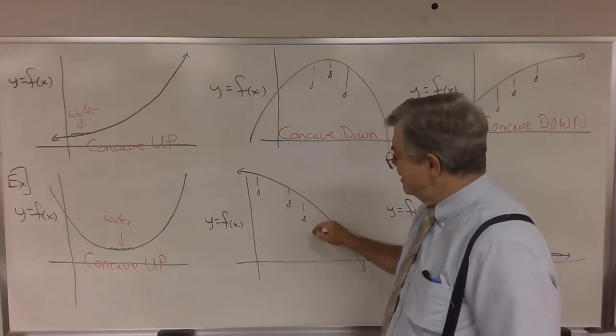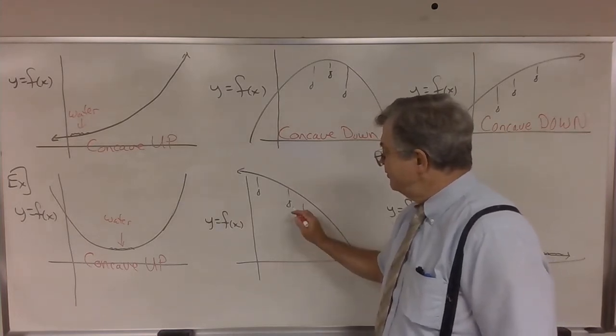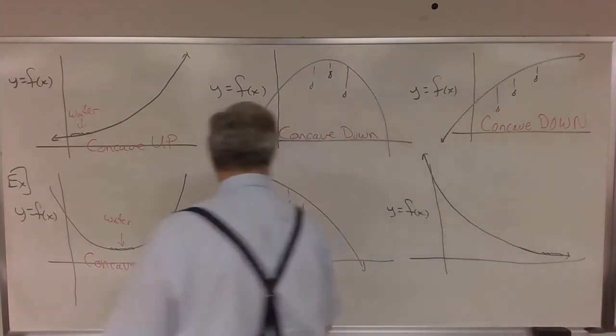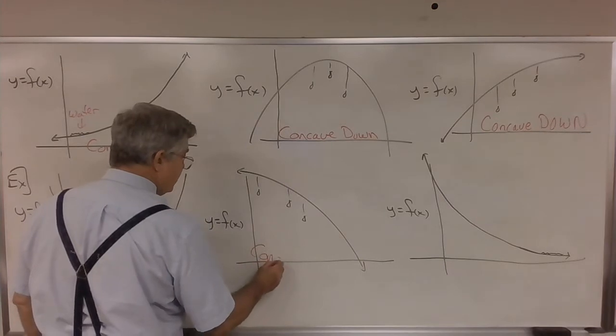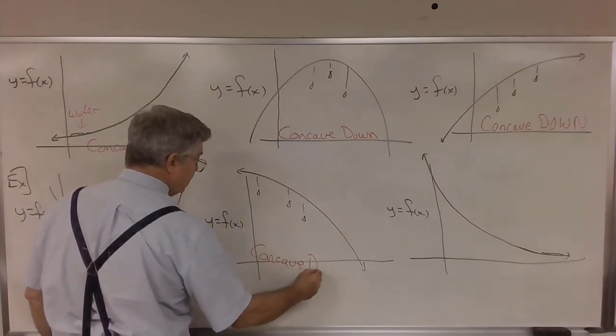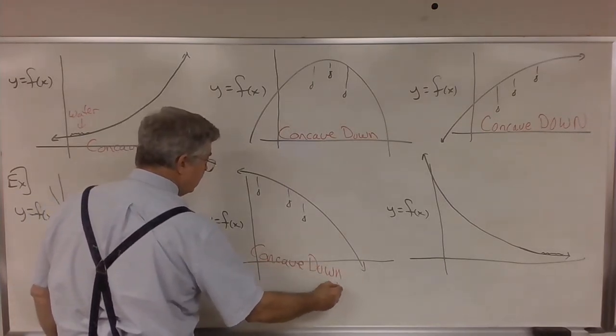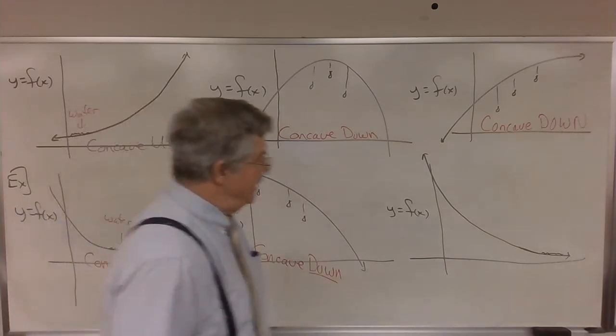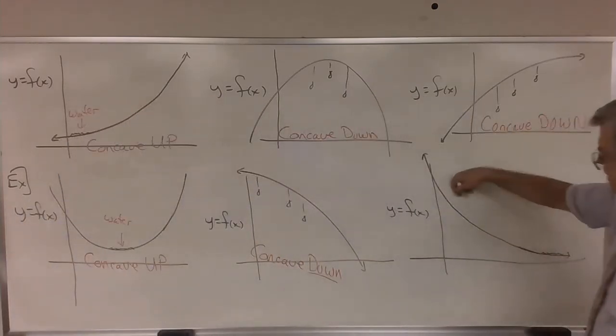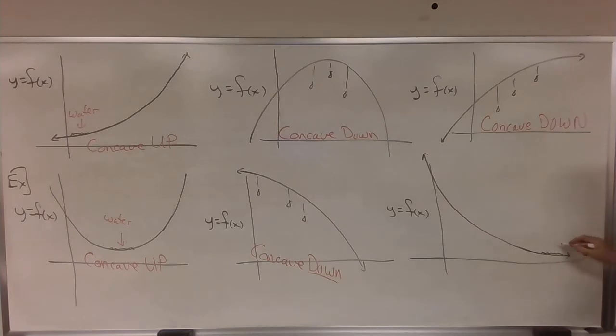Look at these raindrops just falling off. This graph doesn't hold water. It's going to be concave down. And then finally, this guy over here, because of the curvature, the water gets a chance to collect right around there. So we say concave up.